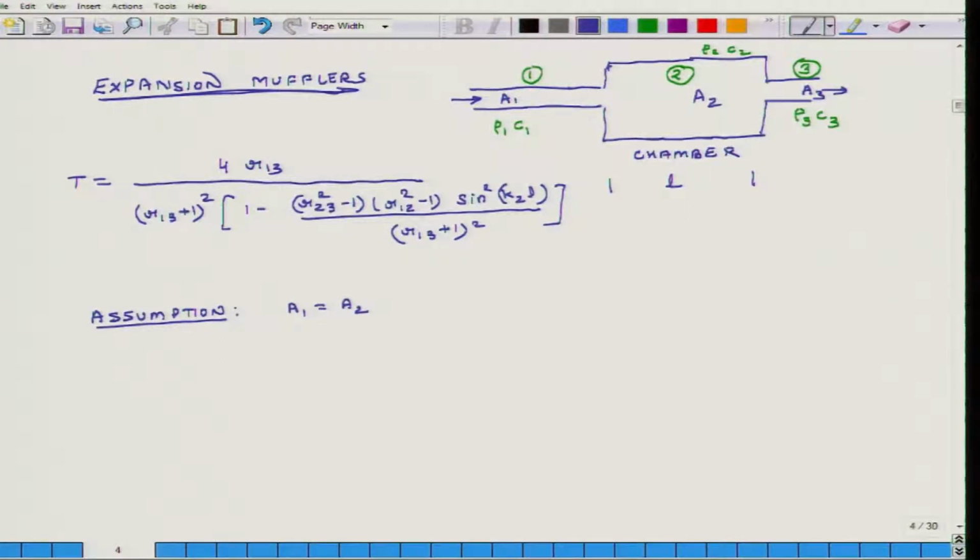So, that is one assumption we make, and the other assumption we make is that the ratio of A2 over A1 is equal to M, some number M. So, the cross sectional area A2 divided by cross sectional area of the first section A1 is M, and the first assumption was that A1 equals A3.